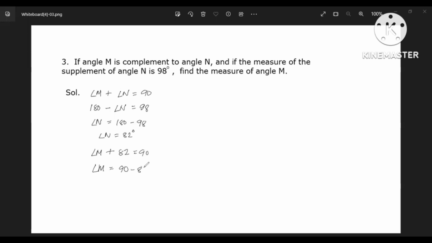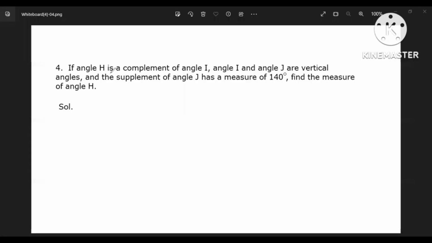And then we transpose 82 to the right-hand side of the equation. Angle M is equal to 90 minus 82, or angle M is equal to 8 degrees. And that's it.